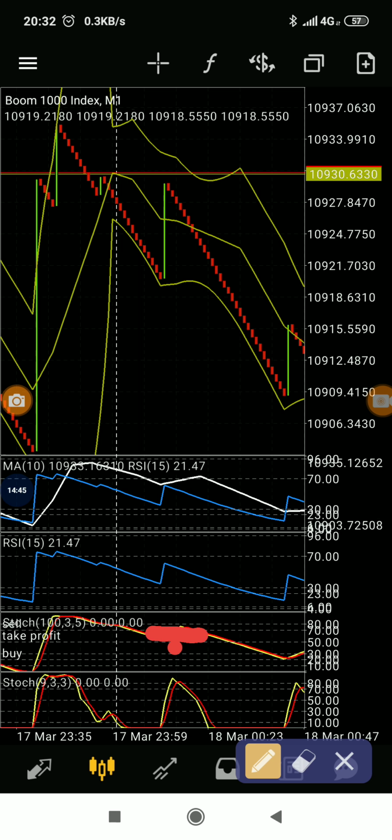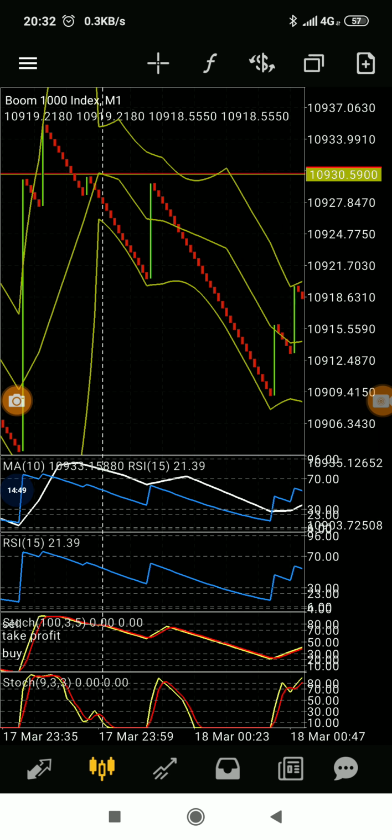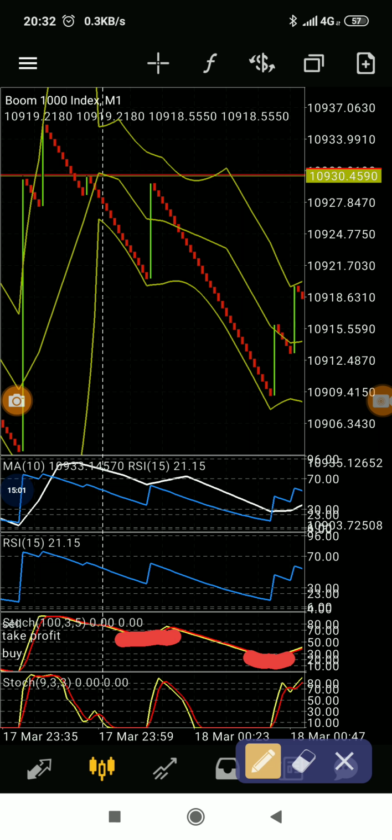But once the trend gets to 20, that is when it gets exhausted, but usually it does spike at level 50 most times.